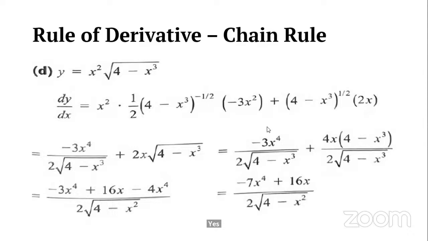Thank you. Is it Derek? Sasu, yes, sir. You said something like s squared into bracket 4 minus s cubed, bracket close, exponent half. That one you just break the function. The function y is equal to s squared multiplied by the square root of 4 minus s cubed.